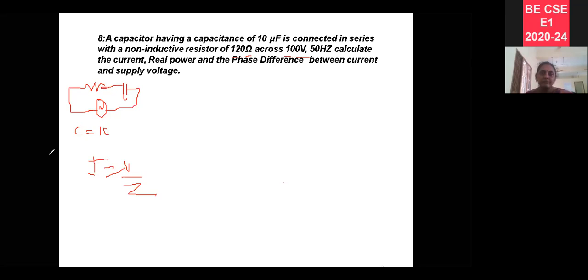Right? Now, how to calculate XC? Capacitance is given. Please don't raise doubts now; in the last 5 minutes I will give you time for doubts. Okay, 5 to 10 minutes I'll come for you, so please wait. Now XC, how to calculate XC? Capacitance value is given, so you can calculate XC. XC is equal to 1 by 2 pi FC.